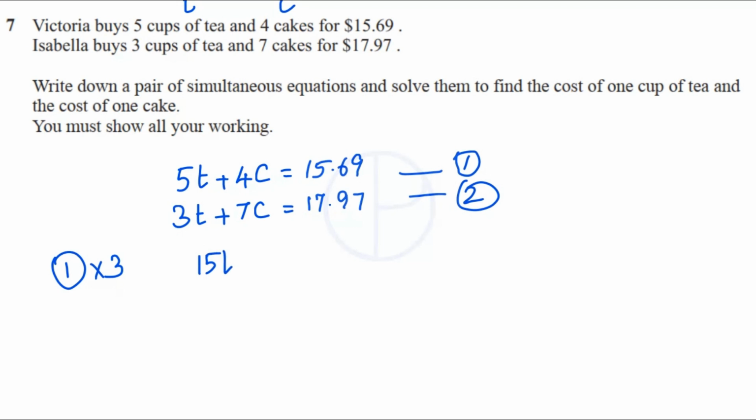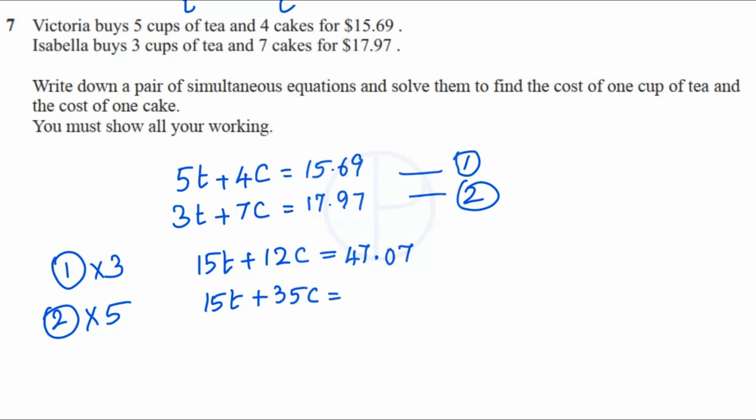So we get 15t plus 12c equal to 47.07, and equation 2 by 5. So 15t plus 35c equal to 89.85.